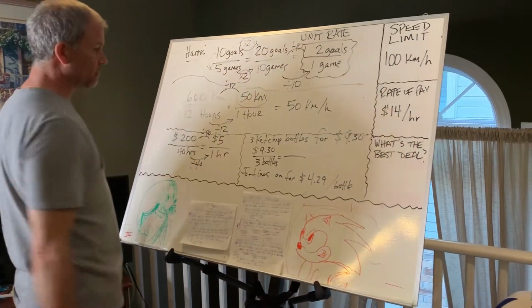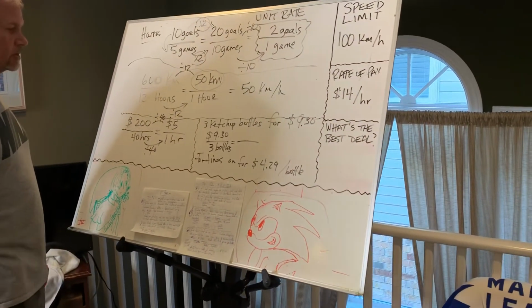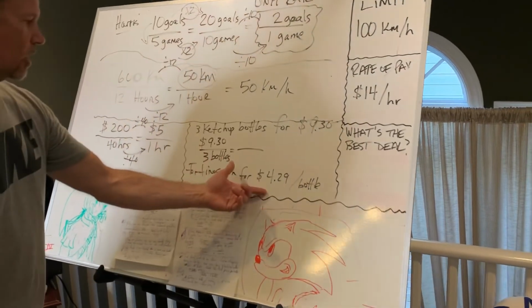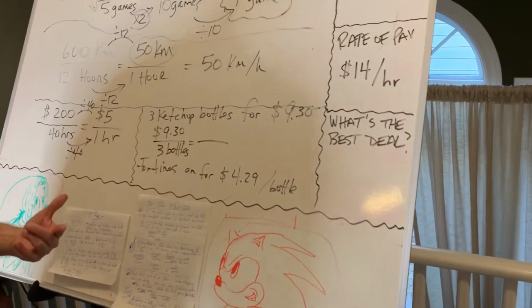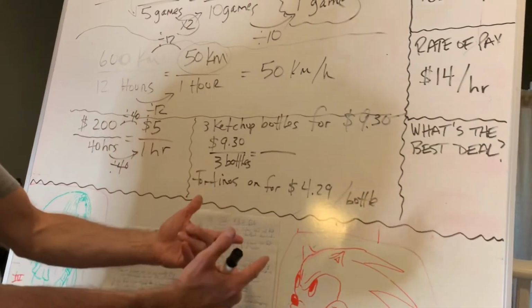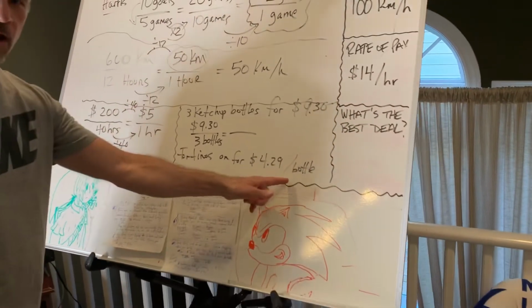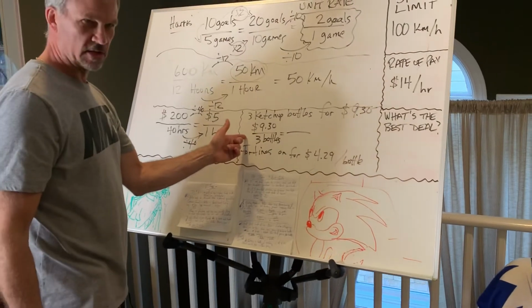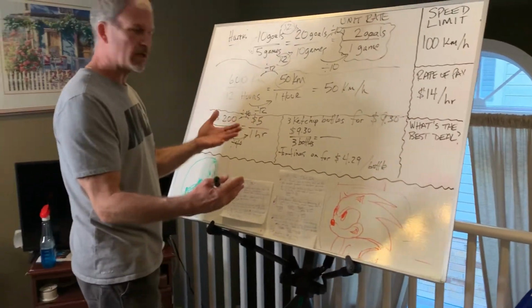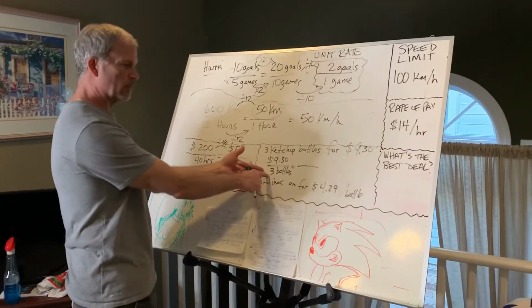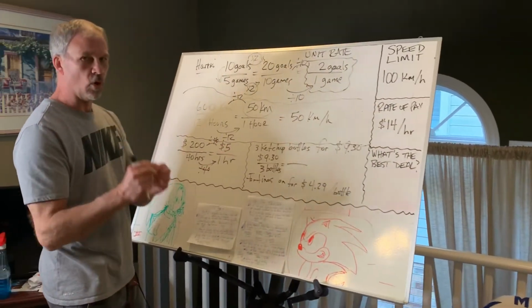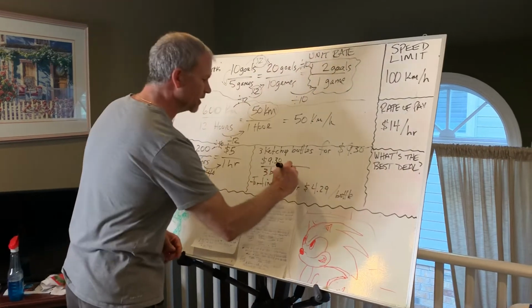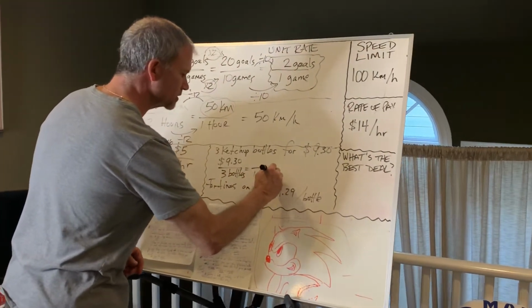There's Fortino's at $4.29 per bottle. So can I just say, well, $4.29 is smaller than $9.30, so therefore I'll go to Fortino's because it's costing me less? But no, because I only get 1 bottle here. I get 3 bottles here. So I'm not comparing the same thing. I got to make this value become comparable to that. And that's 1 bottle. So I got to figure out what 1 bottle costs.